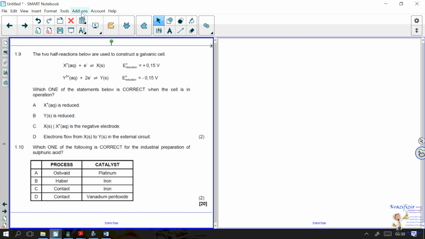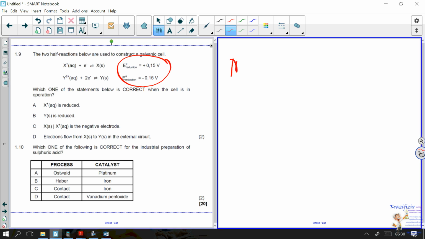Number 9. The two half reactions below are used to construct a galvanic cell. Which one of the statements below is correct when the cell is in operation? Now look, we have these two values here. One of the things you need to know is that the more positive E cell value or E reduction value will be reduced.